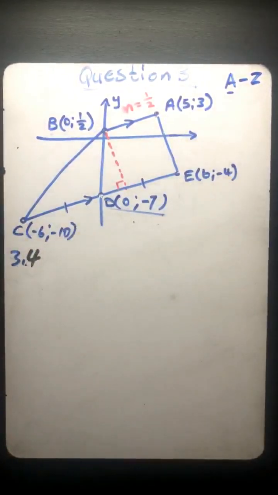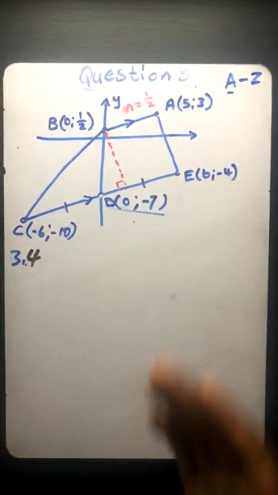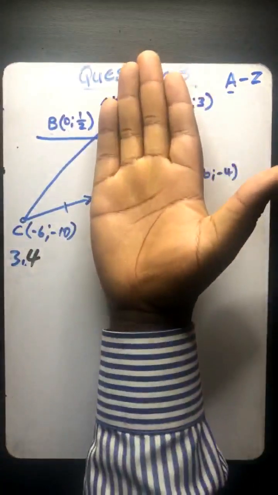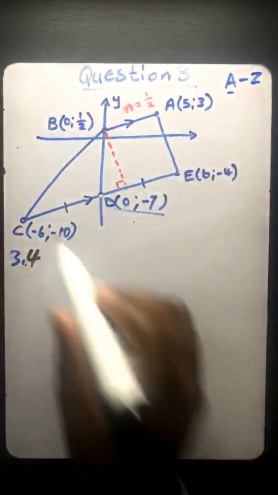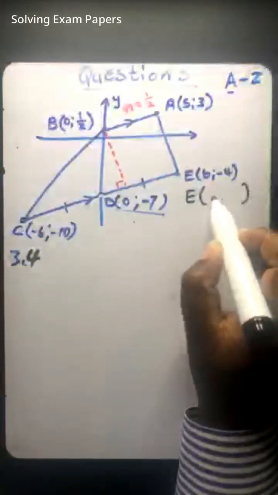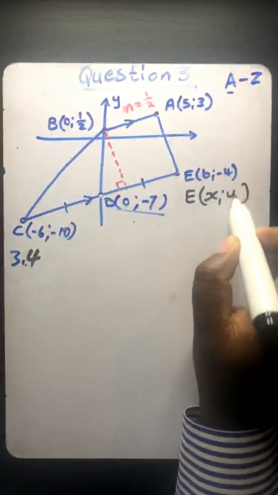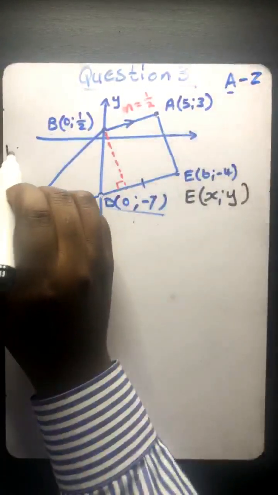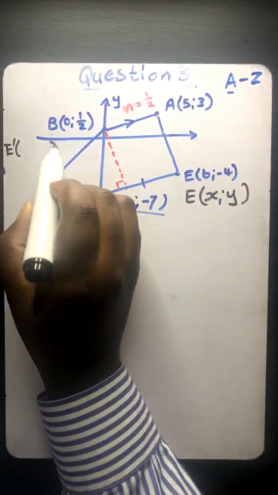So let's see. 3.4, they say if point K is the reflection of E in the y-axis. Sure. I've just explained this one to say when you reflect something in the y-axis, this is that point E there. You just take it from there and then you hammer it to the other side. Meaning, if you have point E being X and Y, point E on this side as a reflection.